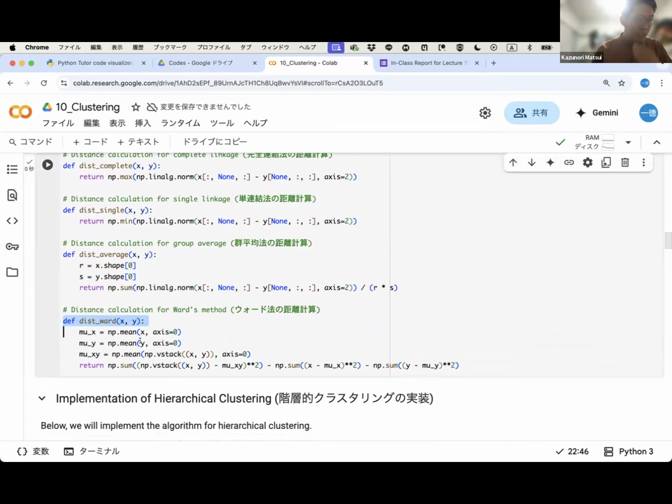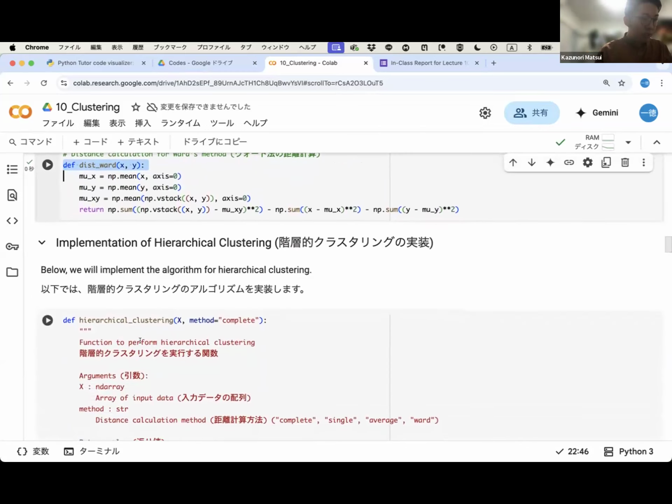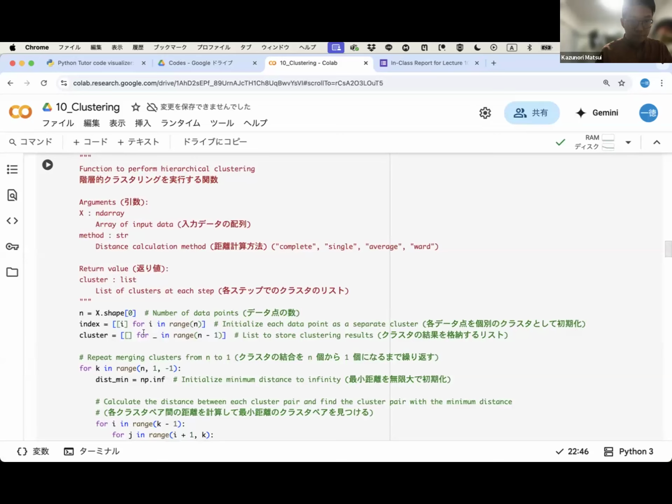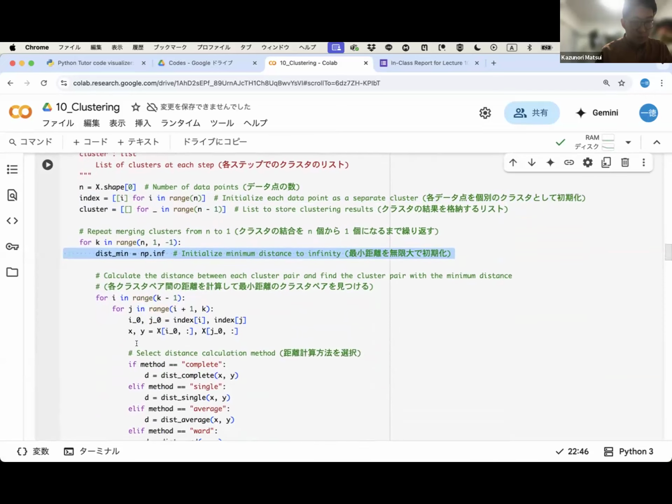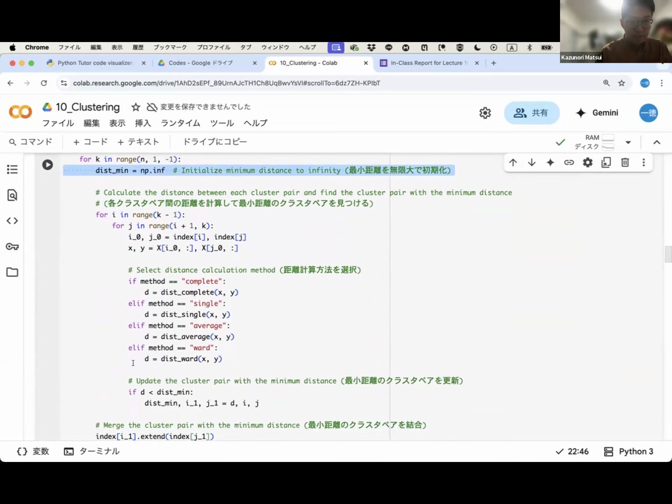In the implementation of hierarchical clustering, we initialize each data point as a separate cluster. First, initialize the minimal distance to infinity and calculate the distance between each cluster.